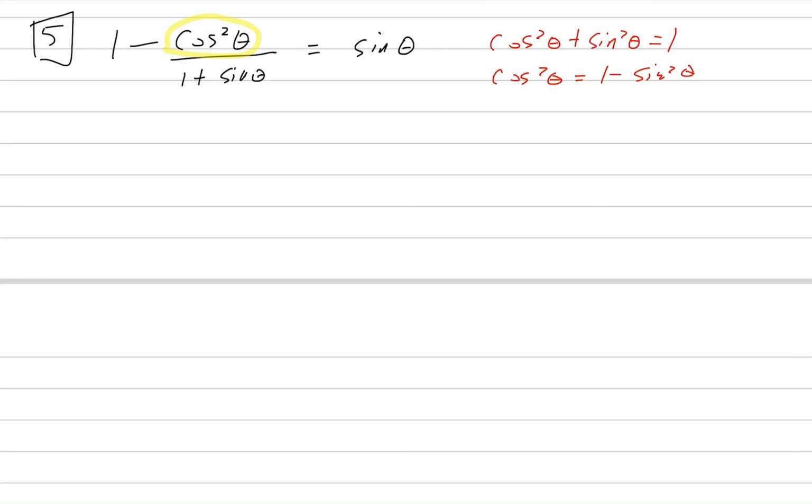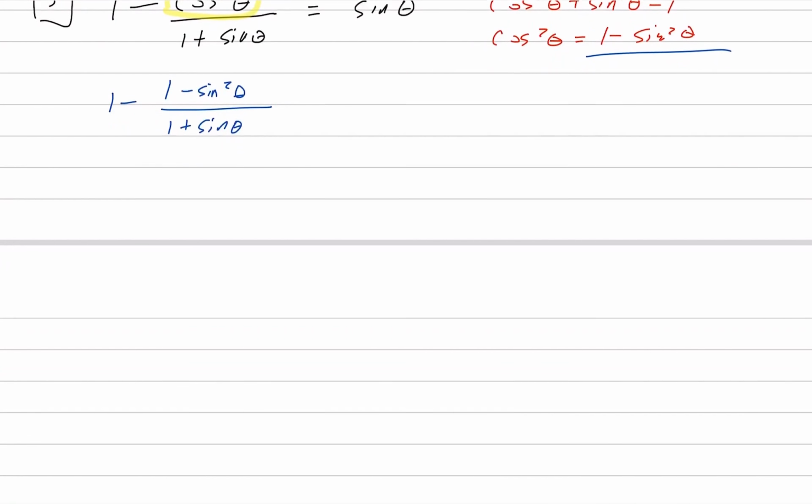So for the first step, all we're doing is replacing cosine squared with 1 minus sine squared, so 1 minus, like this. It says do not factor, so just leave it as it is.